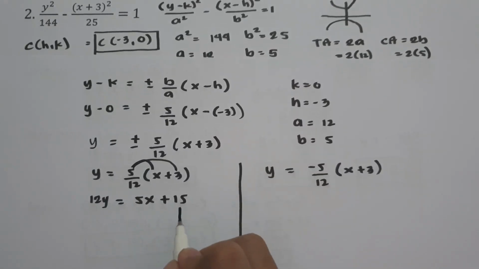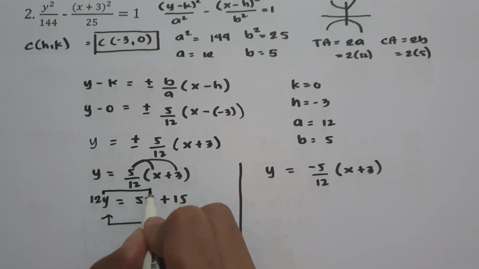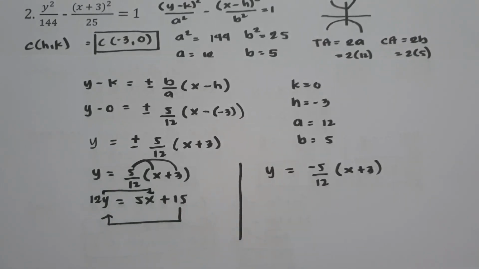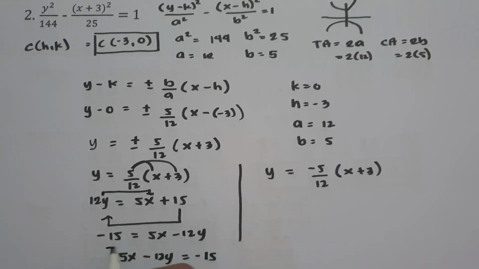So let us move 15 on the other side of the equation, and let us move positive 12y on the side of 5x plus 15. It will give us negative 15 equals 5x minus 12y. If we are going to write this one in standard form, we have 5x minus 12y equals negative 15.